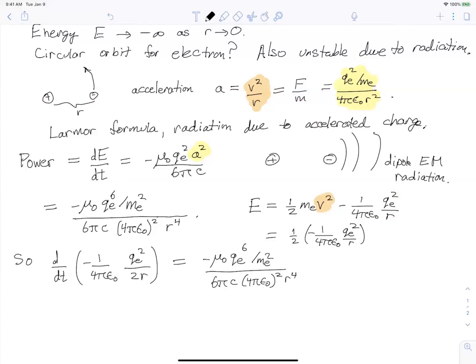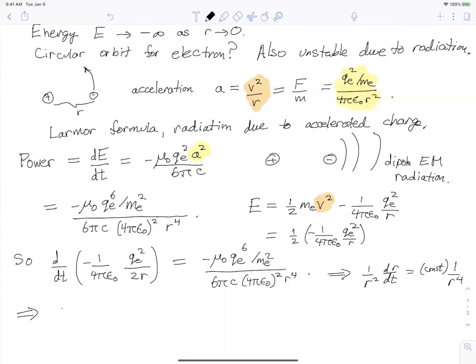So if I simplify what's in this term, all I'm going to get is something that involves dr by dt with some constants. So this gives 1 over r squared dr by dt equals, I'm not going to write the whole constant, but it's some combination of stuff times 1 over r to the 4th. If you want the actual constant, that's in the notes.